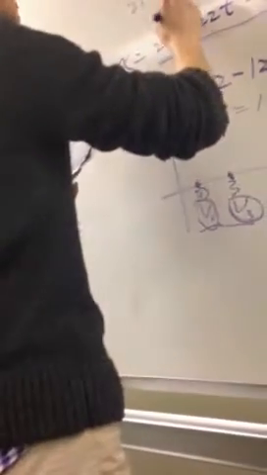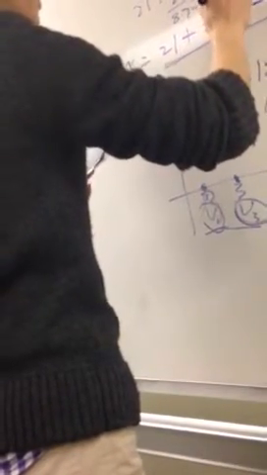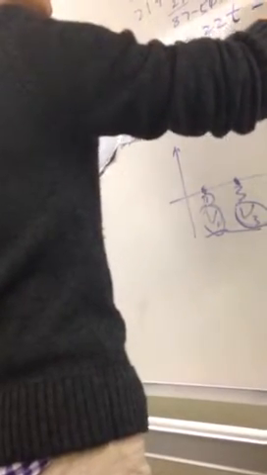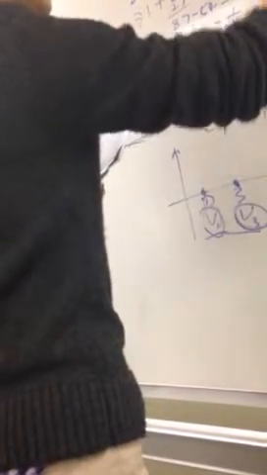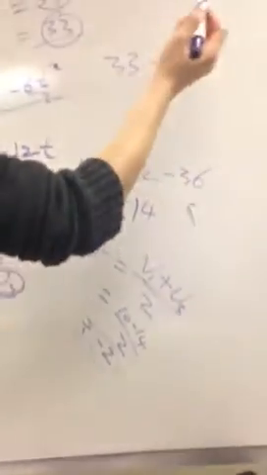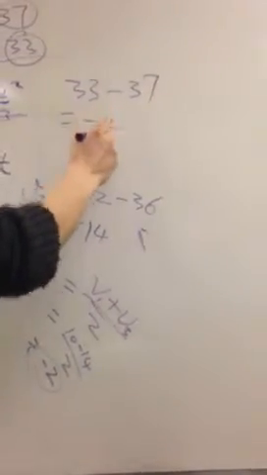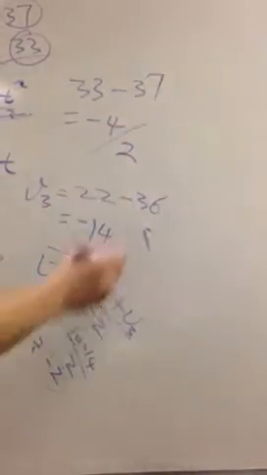Here it will be 87 minus 54. It's going to be 33. So here is the last one. The position change will be minus 4, and it's over 2 seconds. So it's negative 2. That's right. Okay, so that's 2 different ways.